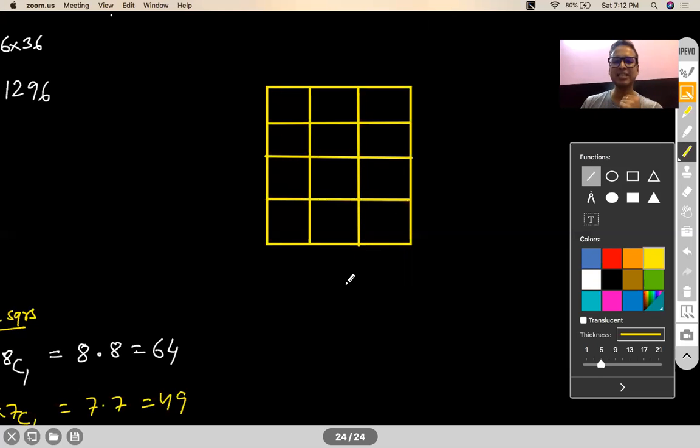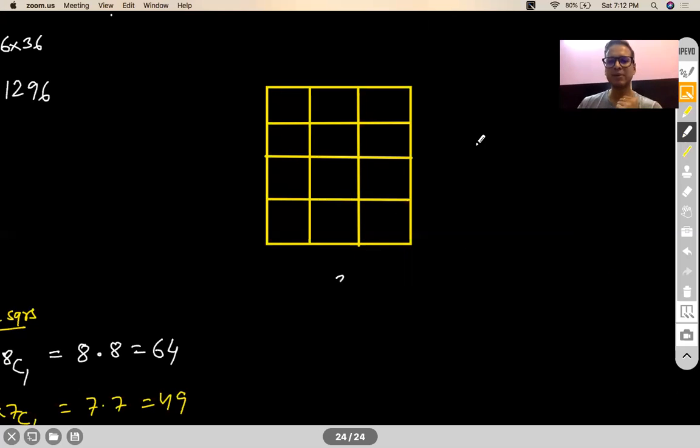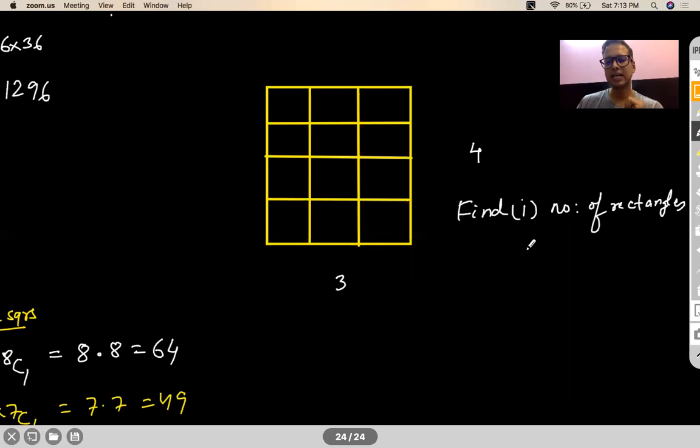So there is a 3 by 4 structure like this. Find the total number of rectangles. Okay, don't sit and count it. And second, find the total number of squares.